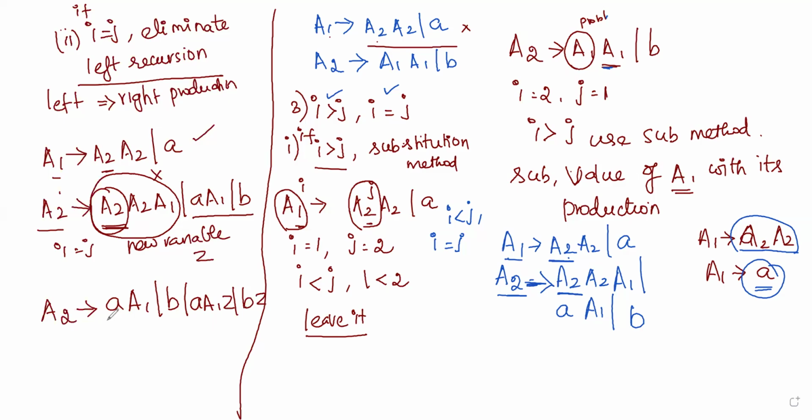So I have written this non-terminal A2 with the leftover production once and the leftover production with the Z once. So what will be my Z now?